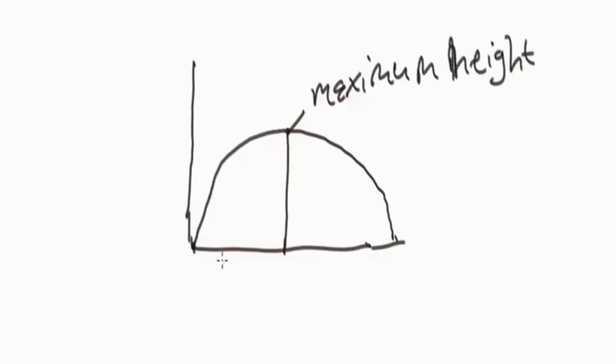Whereas from the point where the missile got projected till the place it fell, the horizontal distance is known as the range.